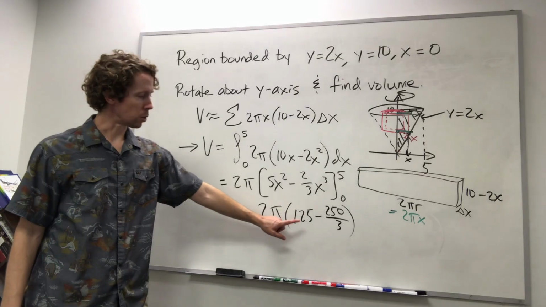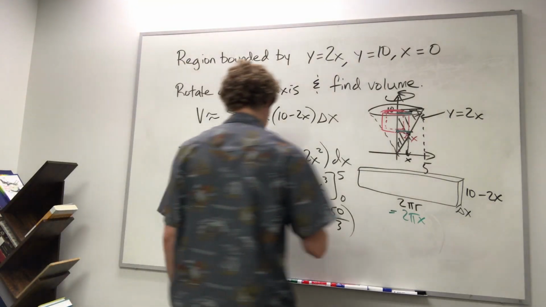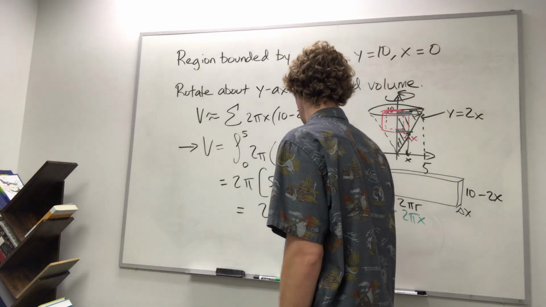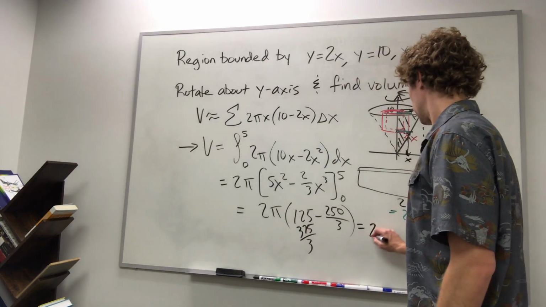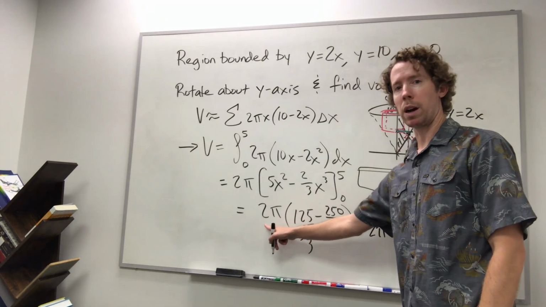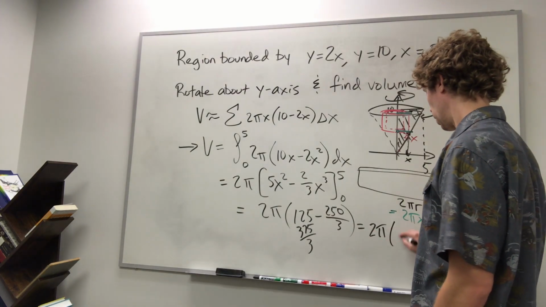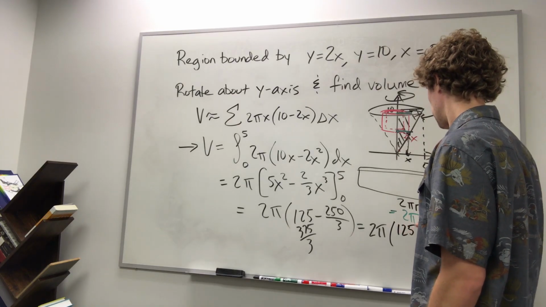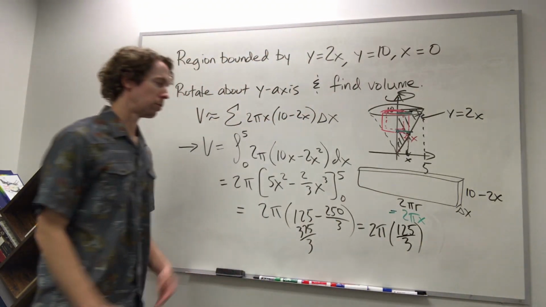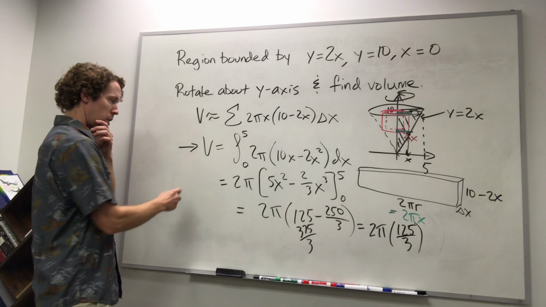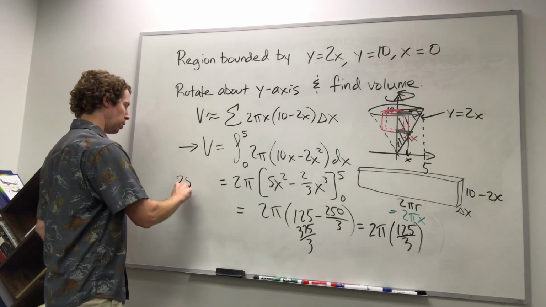And then this 125 in terms of thirds is 375 over 3. So this is 2 pi times, I'm going to get 125 over 3. So if I multiply that out, I can rewrite it a little more nicely as 250 pi over 3.